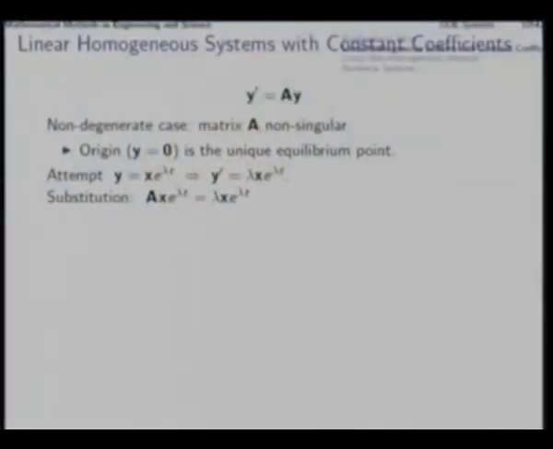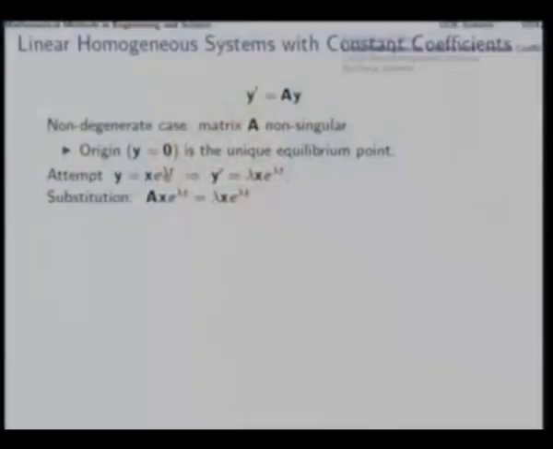So, for that purpose we will choose the exponential function. Now, since y is a vector function, this scalar exponential function e to the power lambda t needs to be multiplied with a vector, say x, and then we can attempt a solution of this form: the function y is equal to a vector x into e to the power lambda t. Now, this vector x, an ordinary n dimensional vector, and this value lambda are the quantities that we will try to determine.